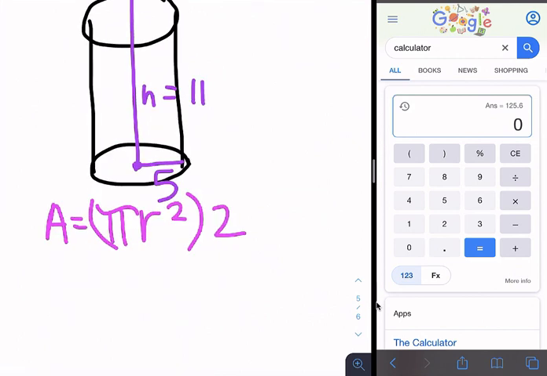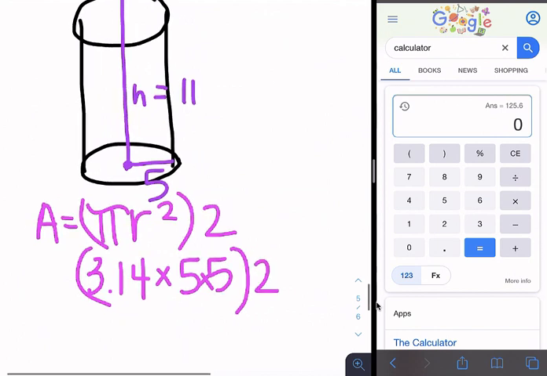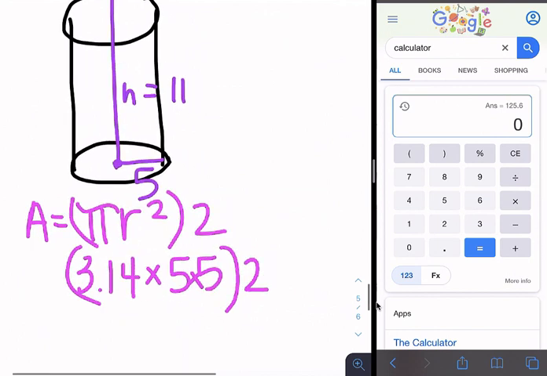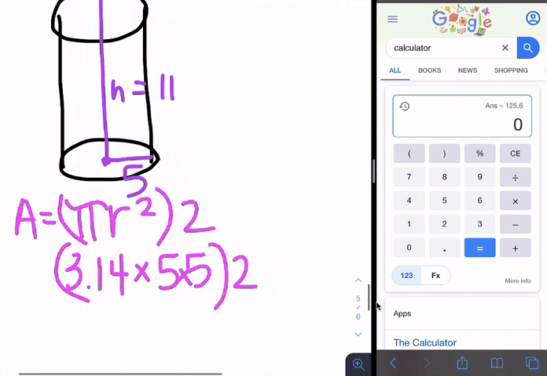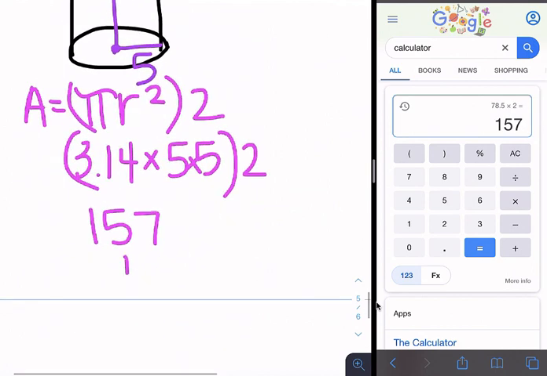So pi, we're going to use 3.14, and then the radius is 5, and we're going to do 5 times 5. And then we're going to take that whole answer and multiply by 2. So 3.14 times 5 times 5, and then take that answer and multiply by 2. And this is 157 for those 2 circles.